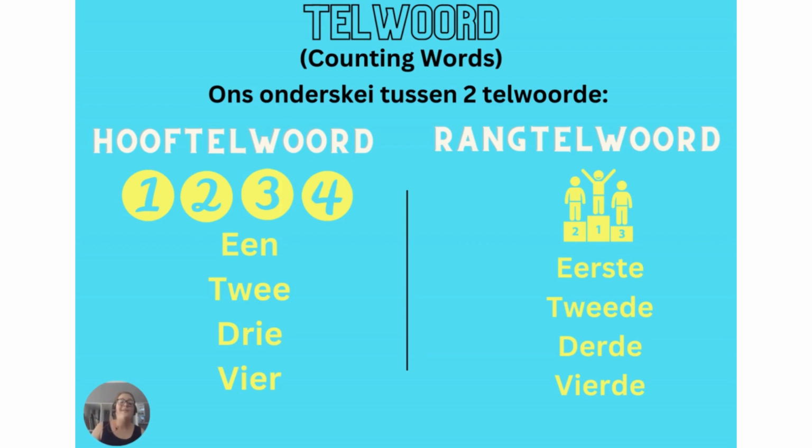Dan kry ons rangtelwoorde. Ons rangtelwoorde is eerste, tweede, derde. So dit is your 1 2 3 4 and then it's your first, second, third, laaste. So dit is ons twee telwoorde. Hooftelwoord, straightforward. Rangtelwoord, it tells you the position of how did it happen. Eerste, tweede, derde.